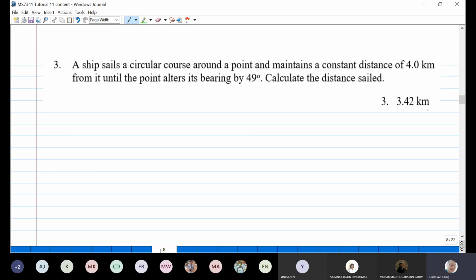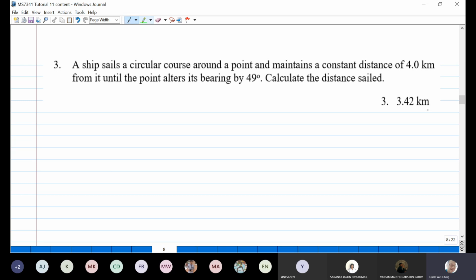Calculate the distance it sails. This question takes some time to understand. First of all, this is about a circle. A circle has a center and a radius, and the radius is 4.